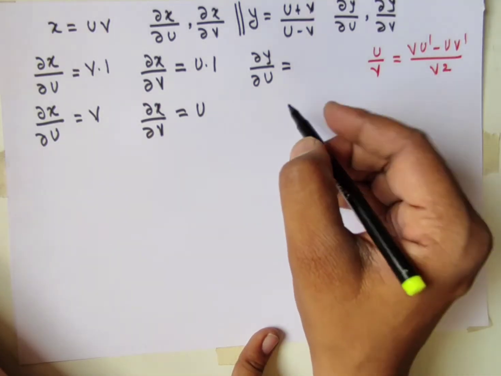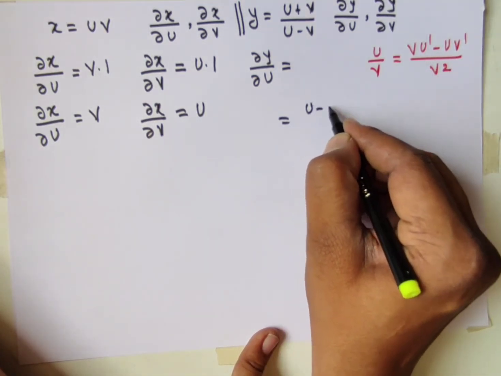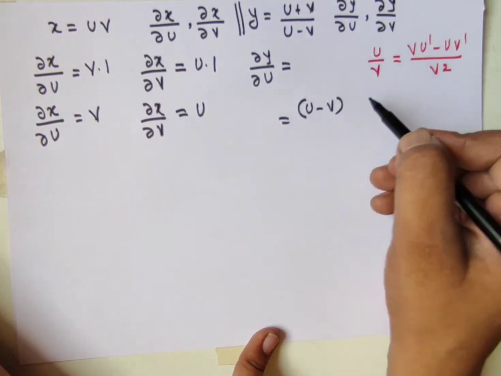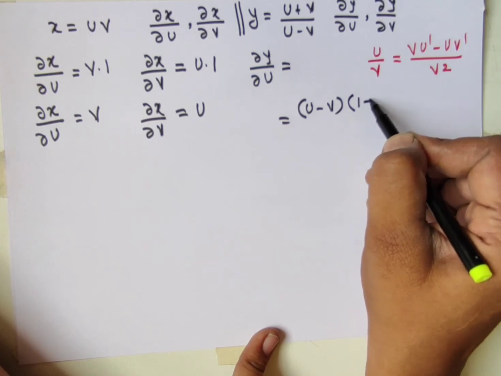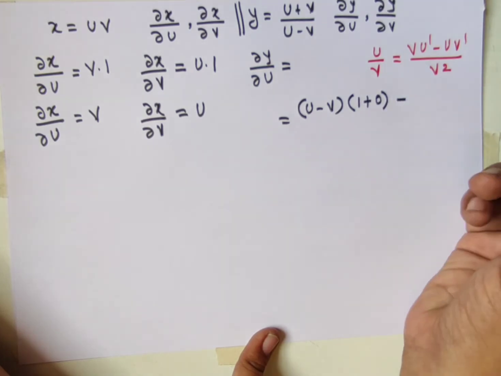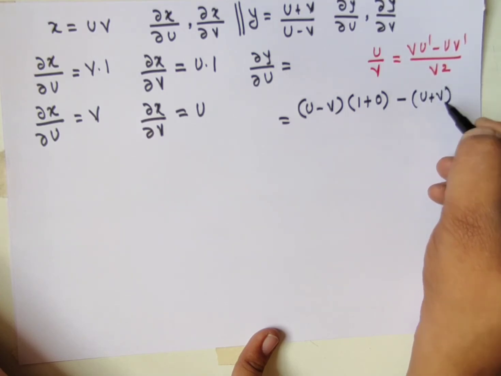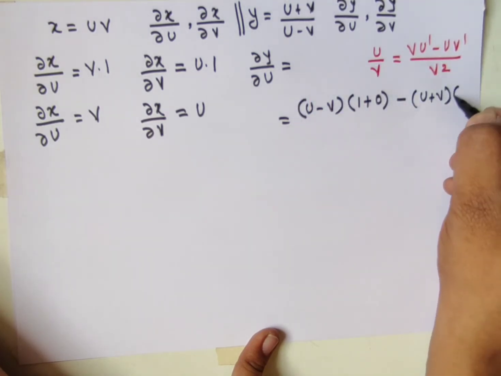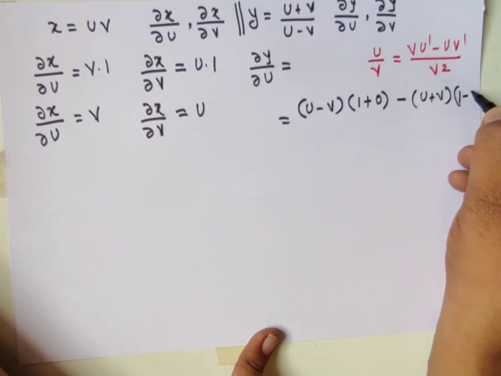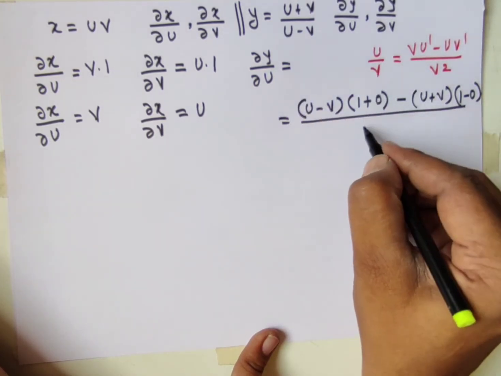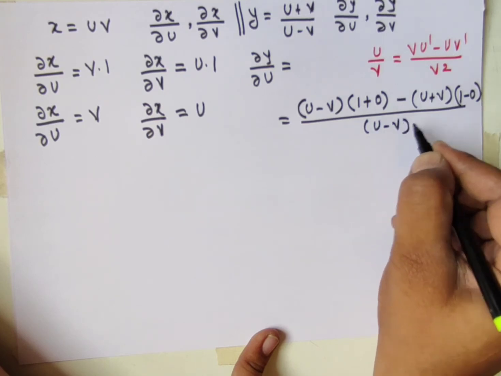By using that rule, we take u minus v outside and the derivative of u plus v with respect to u, derivative of u is 1, derivative of v is 0, minus, now we take u plus v outside and the derivative of u minus v is 1, divided by the whole denominator square, that is (u minus v) the whole square.